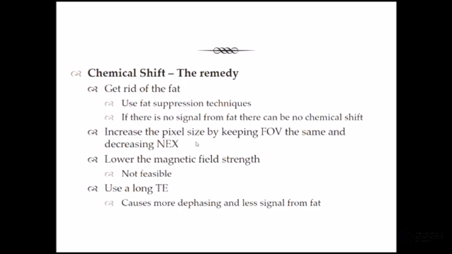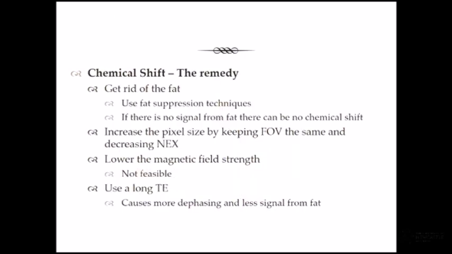The other remedy is to increase the pixel size by keeping the field of view the same and decreasing the matrix. We can use a lower magnetic field strength so that that frequency difference is not so large and therefore they won't get mapped across. We can use a long TE because that will change the amount of dephasing that goes on.